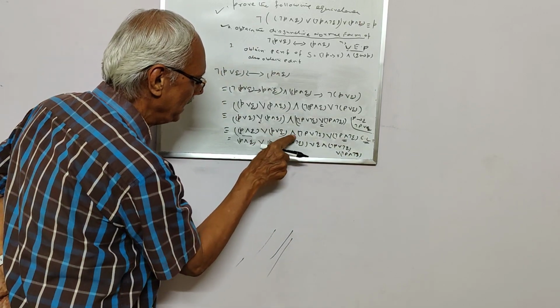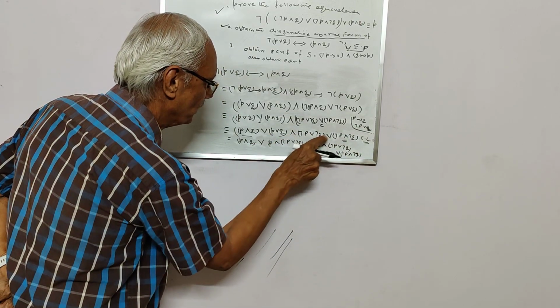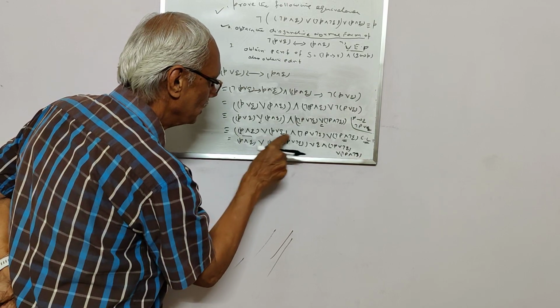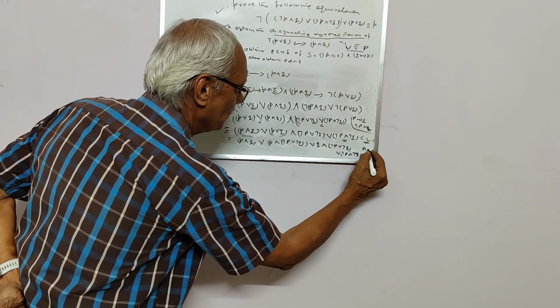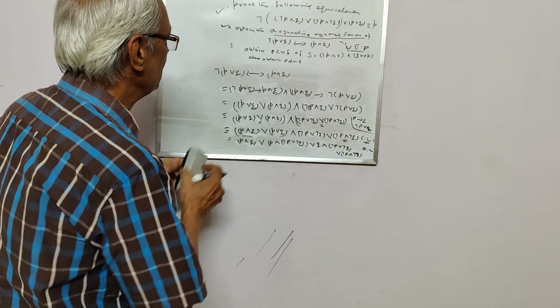I have taken this P conjunction of this union Q. I have used the distributive law here.